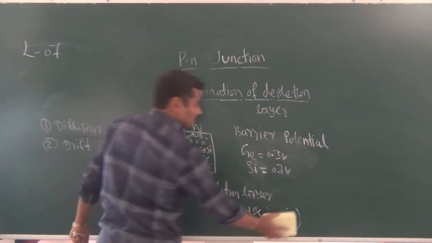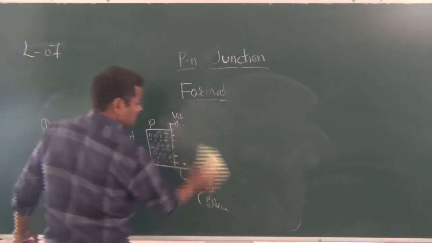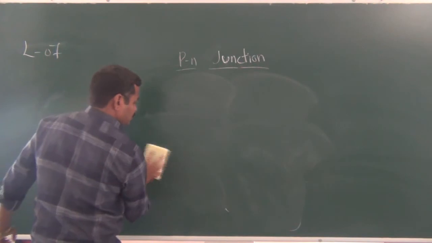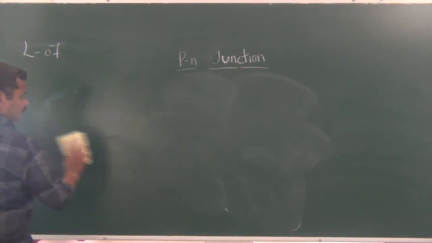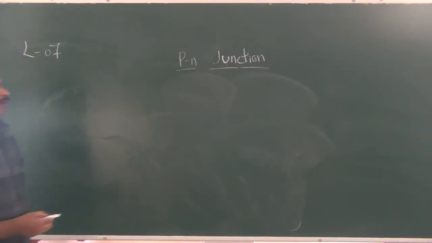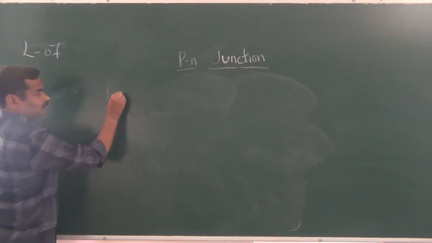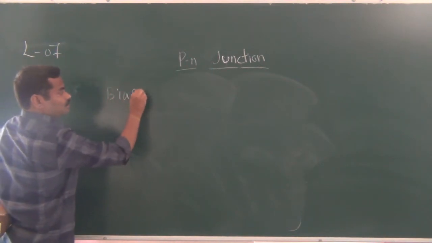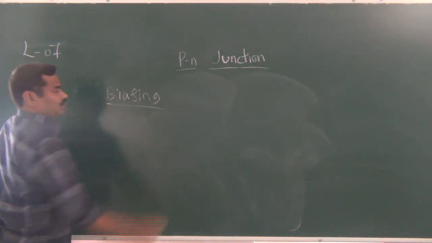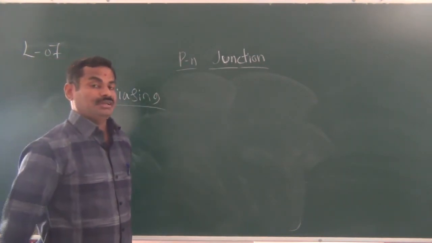Yesterday we already discussed the biasing and the types of biasing. Now we go for biasing. Biasing is nothing but applying an external voltage, or giving a battery connection to the diode.